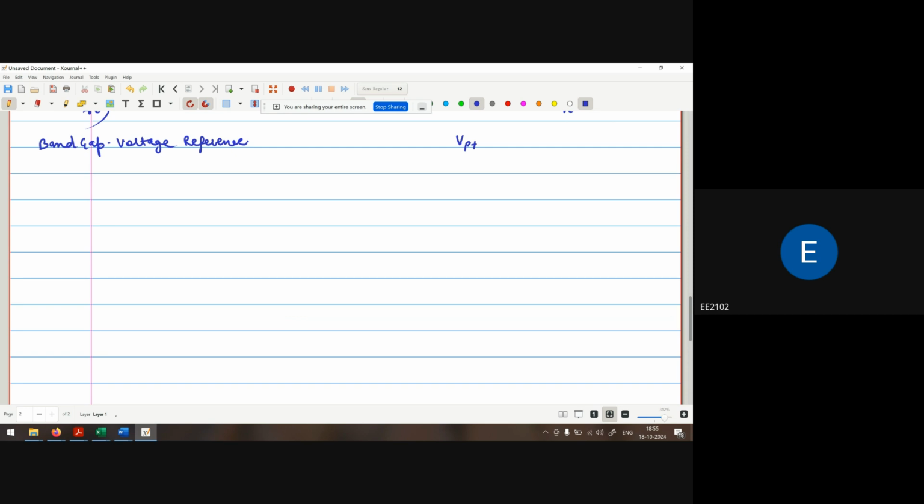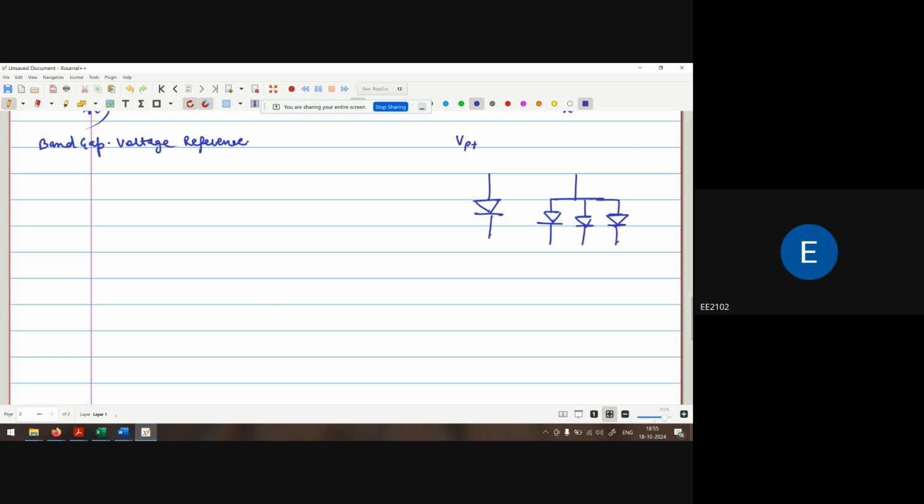I think basically if we are using one diode and if we are using multiple diodes, this is the same concept. Yes or no?